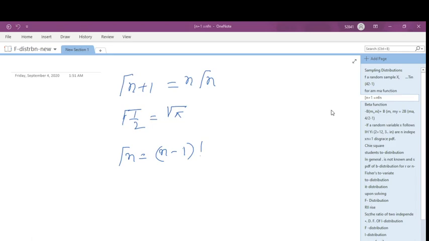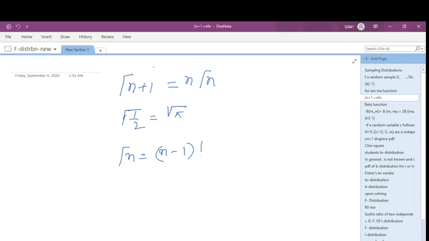While we are not going into the details of the gamma and beta functions, I thought it is good to show you what they are, because these are used to calculate the probability density functions of chi-square, T distribution, student distribution, or Fisher distribution.